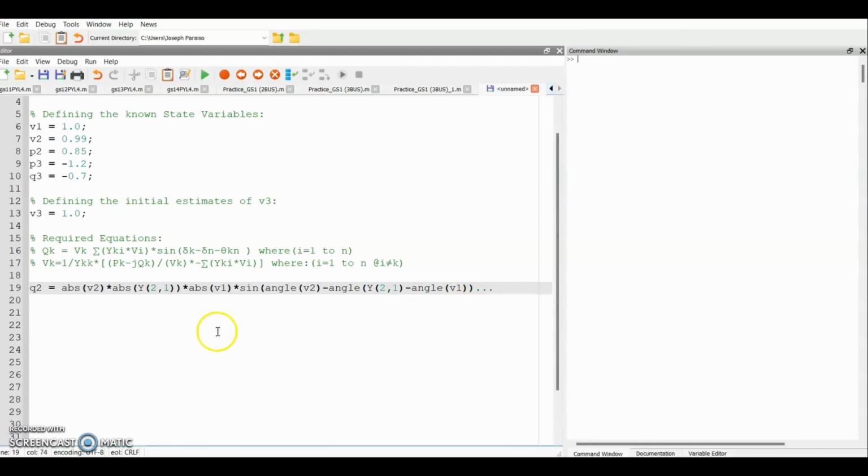So we go to the next. It's better to copy the first one.